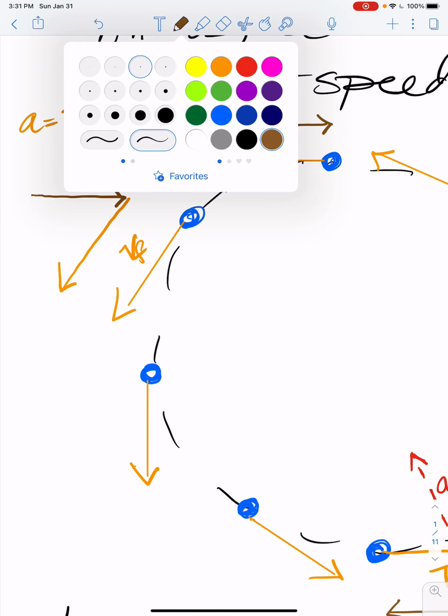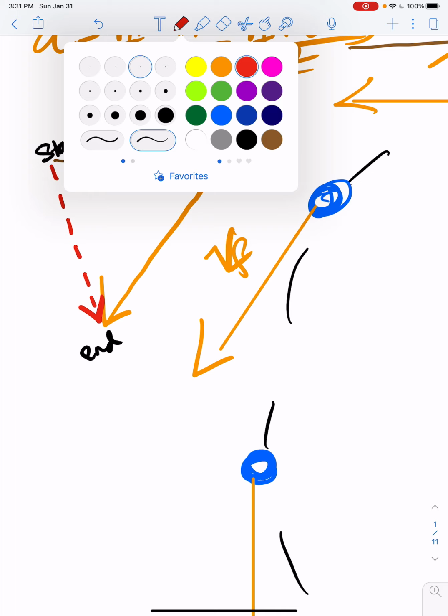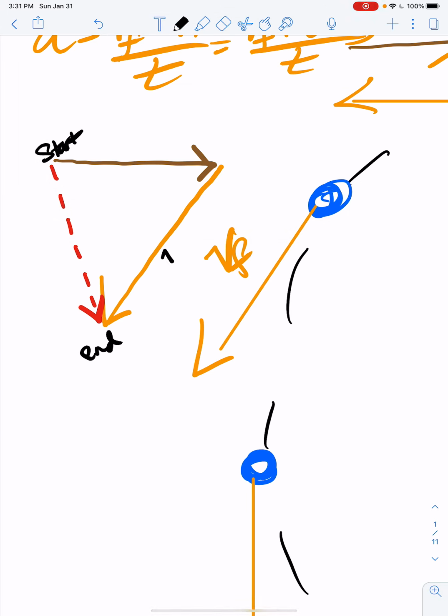And you can see, hopefully, I have a start and an end to this treasure map. And then a dotted line drawn start to end, pointing start to end. If I was to go back and label this, this was VF, right? And this was negative VI, and I added them. And so this red dotted line is A sub c.